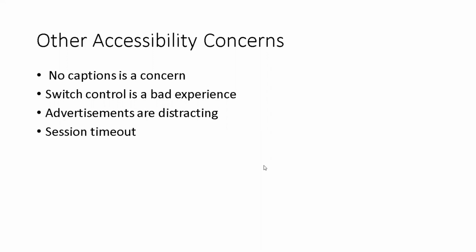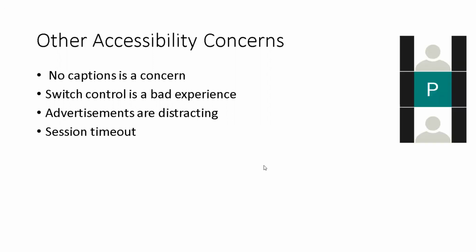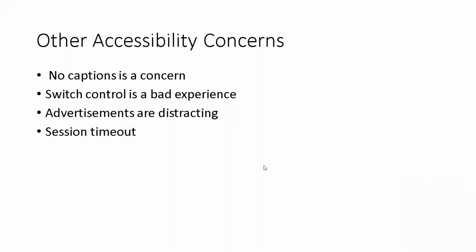People have indicated that many apps do not have better usability with switch controls. Few of them also indicated that advertisements are distracting when they are using the apps. This is a debatable concept because many of the free apps will run advertisements, but people notified that advertisements and unnecessary information take their attention away from the content.